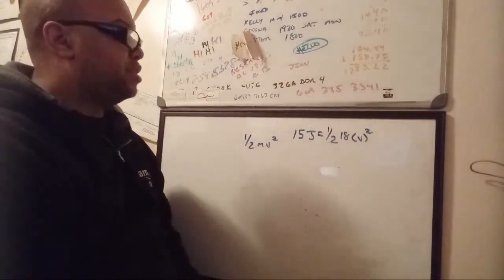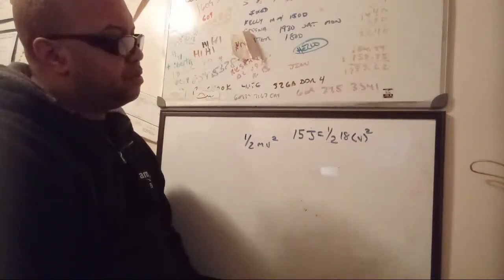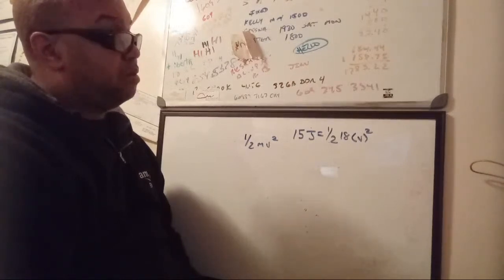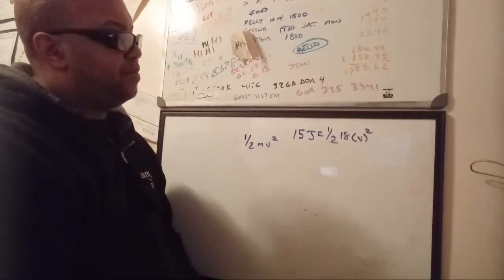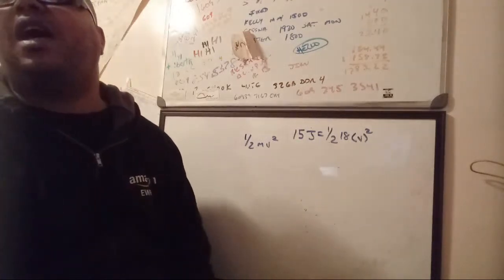Because that fraction is always a problem. I'll say multiply on both sides. Multiply the 2 on both sides to get rid of it. Divide by 9. I'm just thinking out loud.